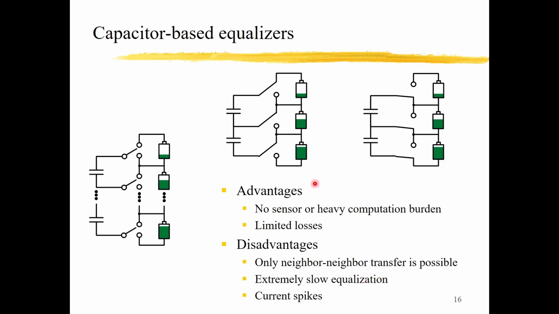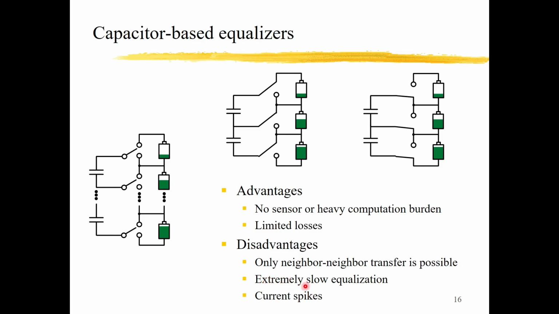So if we want to transfer the energy from this end to the other end, it takes several transfer operations, not only one. Several transfers are required for the energy to go from this end to the other end, and it will be even worse when the cell number is higher in the battery pack, in the battery module.